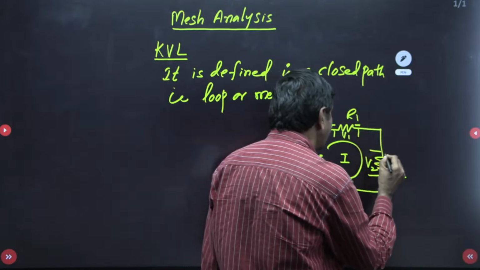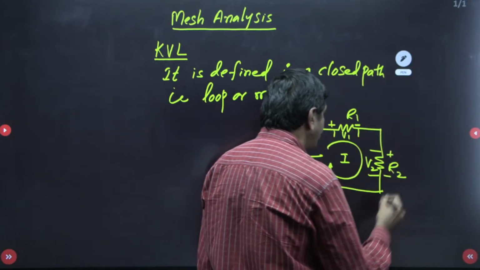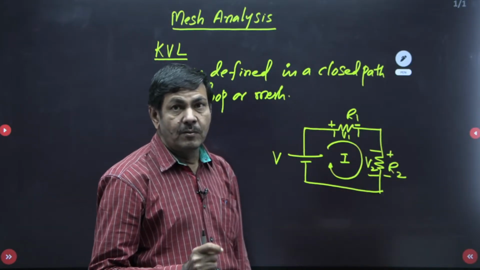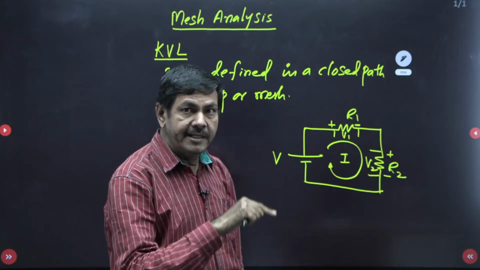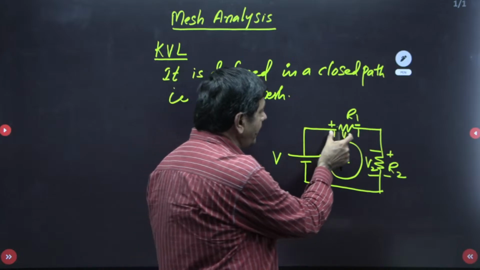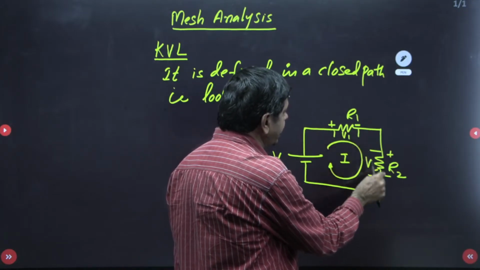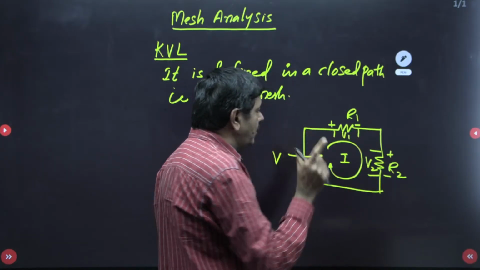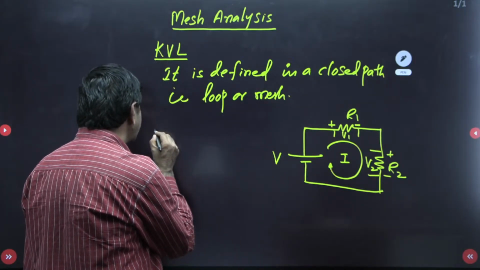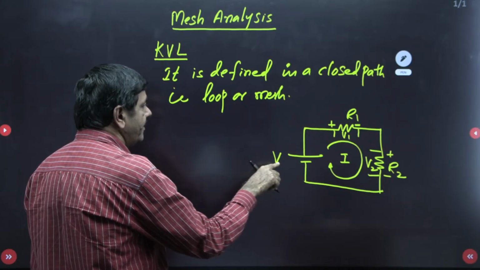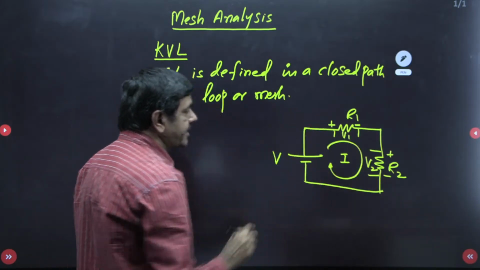What this KVL says: for any closed path, the sum of the voltage drops across the resistors is equal to the supply voltage. Supply voltage is nothing but V. V equals V1 plus V2, it says.